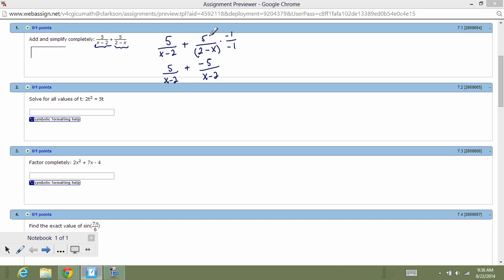All the while in the numerator, this plus 5 is now becoming a minus 5, because again we multiplied top and bottom by minus 1, and so 5 plus minus 5 in the numerator is going to become 0 over x minus 2. And so your final answer on that first question should have been 0.